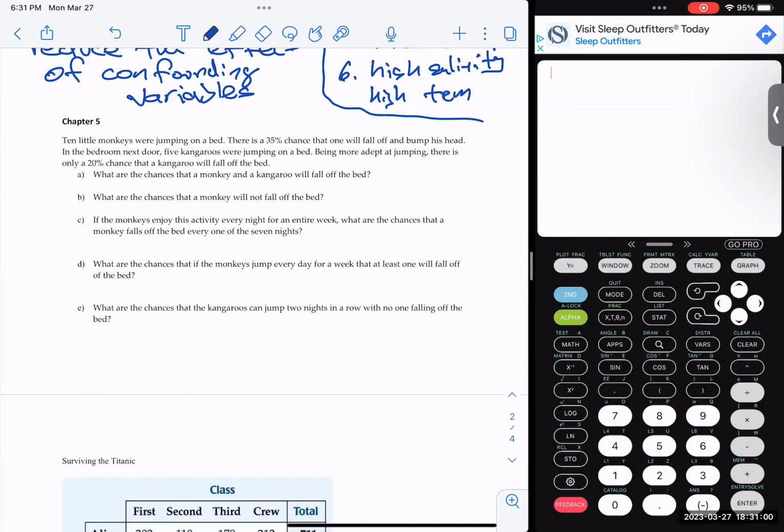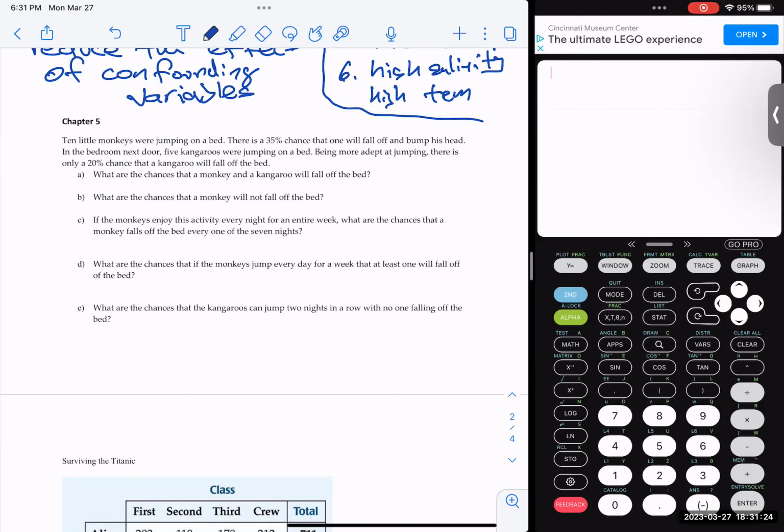What are the chances that a monkey and a kangaroo will fall off the bed? What do we think? How do we find it? Like, I don't expect you to spit out the answer. Yes, and that's why I talk about independence, right?